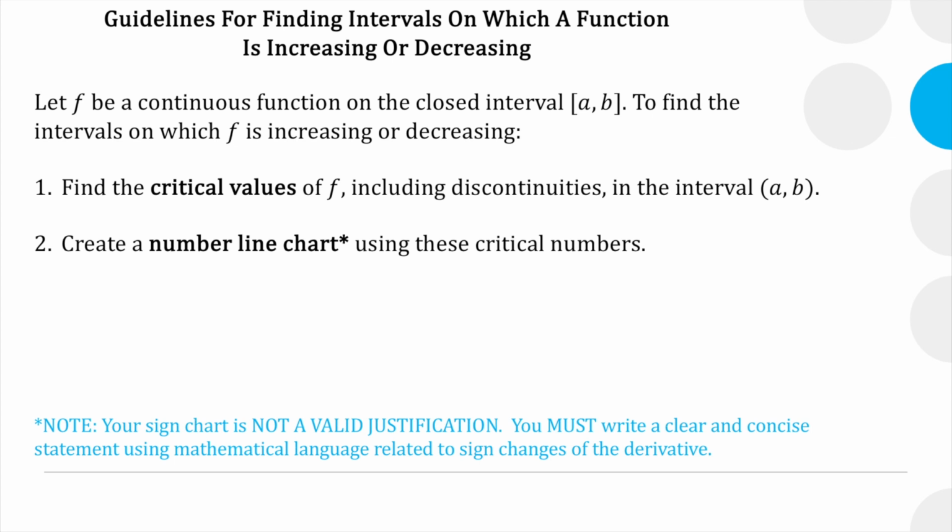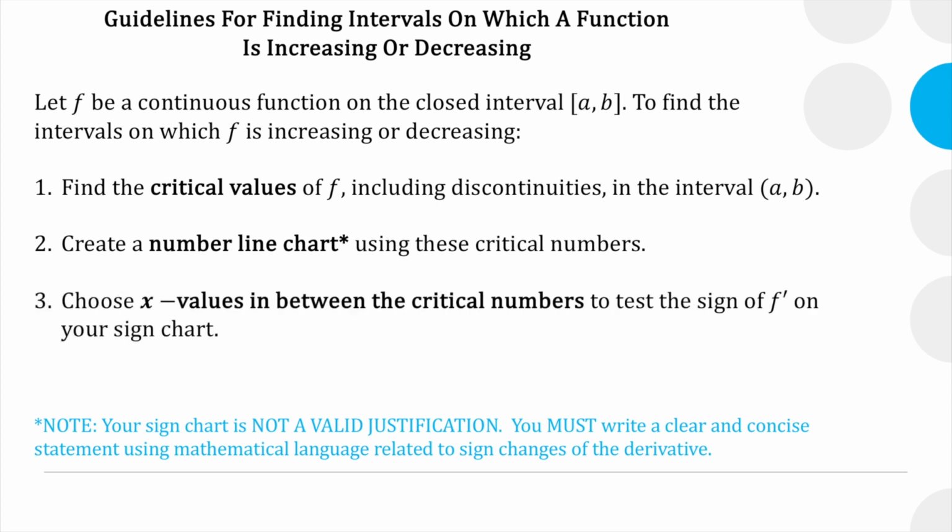Now, if you're asked to justify your reasoning, the number line chart is not a valid justification. You have to write a clear and concise statement using mathematical language, but the number line chart, that's a way to organize your brain. Choose x values between the critical numbers to test the sign of f prime on your sign chart.